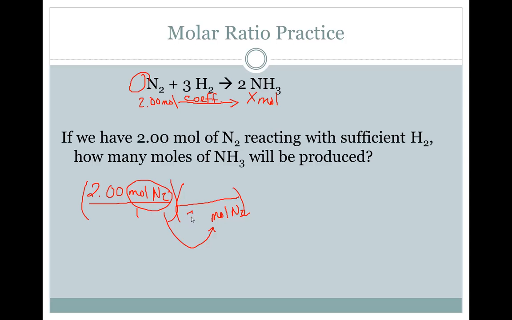Where we're going to, what they're asking about is NH3. So moles NH3, and there's a 2 in front of that, so that's going to be the number on top. So 2.00 times 2 divided by 1 is equal to 4.00 moles. Notice that there are 3 significant figures here, so I want to have 3 in the answer.